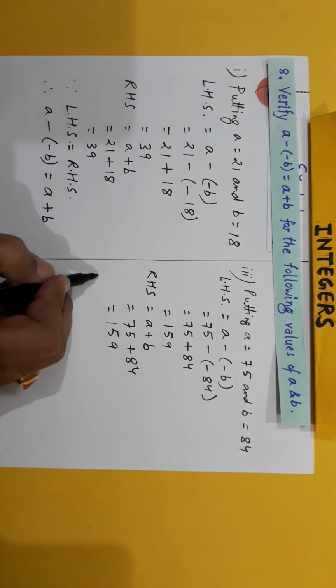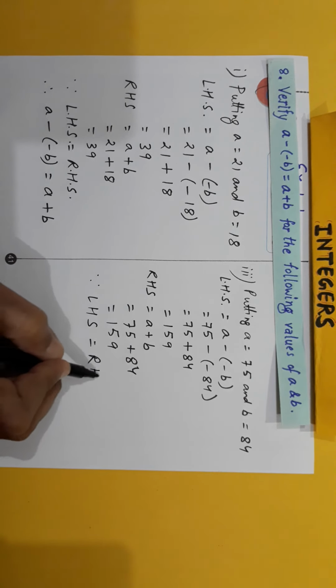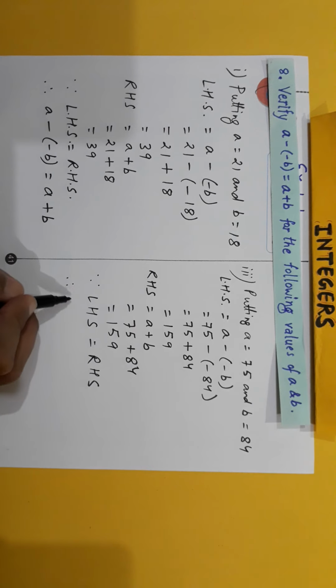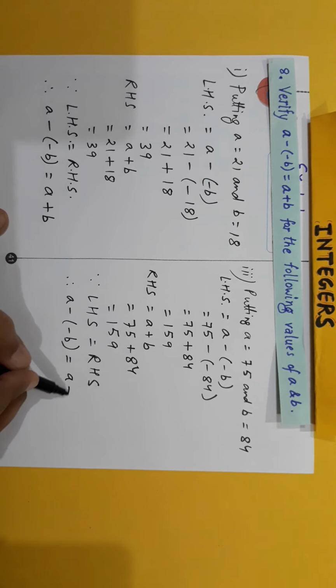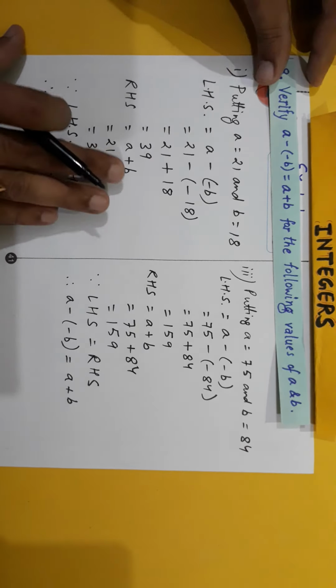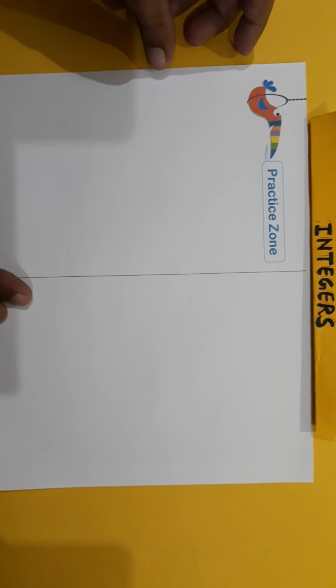In this way, since LHS is equal to RHS, therefore a minus minus b equals a plus b. Now this was question number 8, in which we have done the first and third part. Now after this let us move on to question number 9.